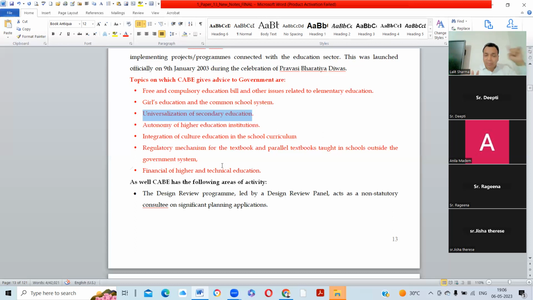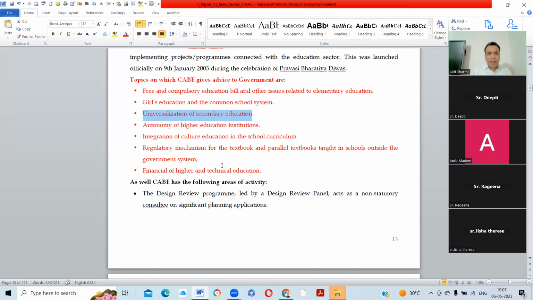Right now, after elementary education, there is also a need to provide secondary education. This responsibility is given to one organization called RMSA, Rashtriya Madhyamik Shiksha Abhiyan. For senior secondary schools in India, this is the responsibility of RMSA. RMSA has taken the responsibility to provide secondary schools and teachers for them.